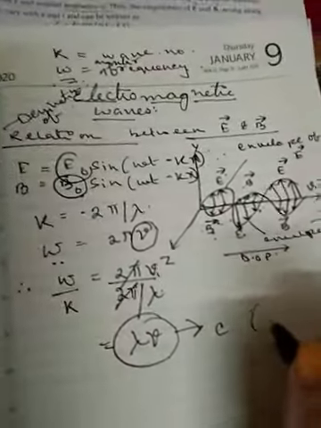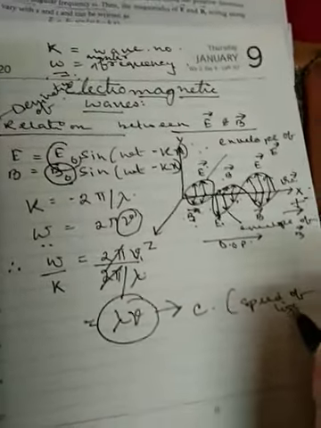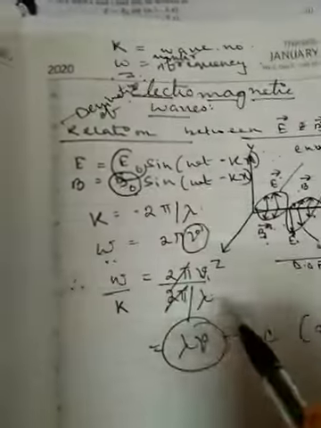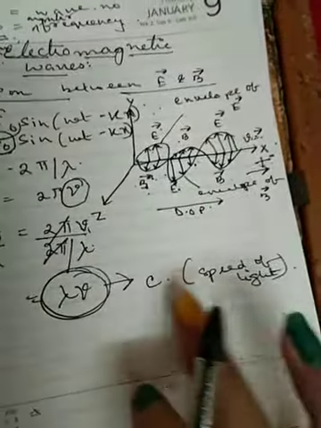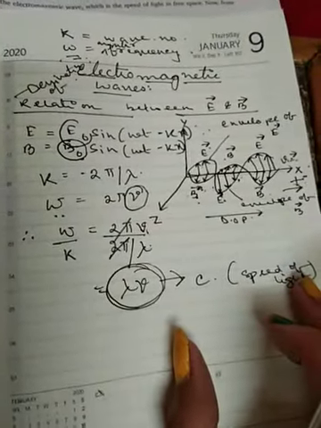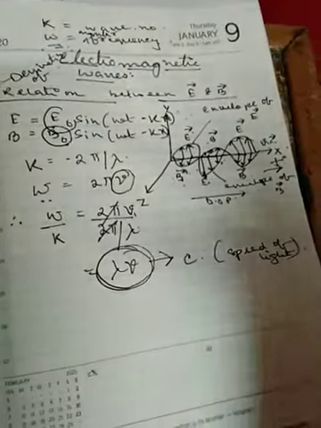C is the speed of light. This lambda nu which I have got from this relation, I will denote as C. So C is the speed of light. Now girls, C is the speed of light of the electromagnetic wave. It is also the speed of light in free space, which has a constant value.